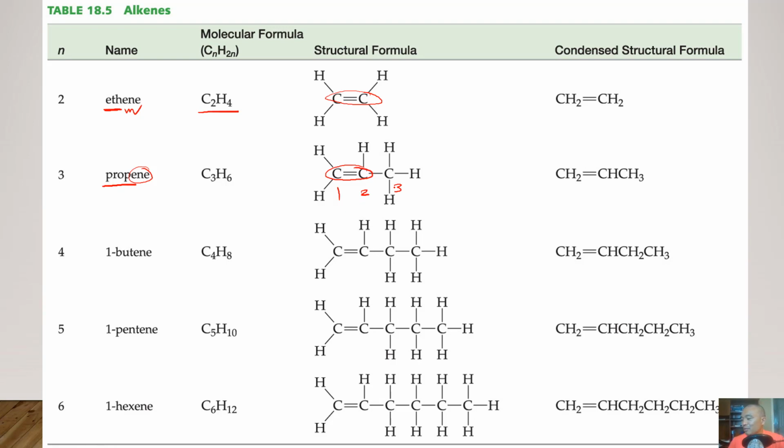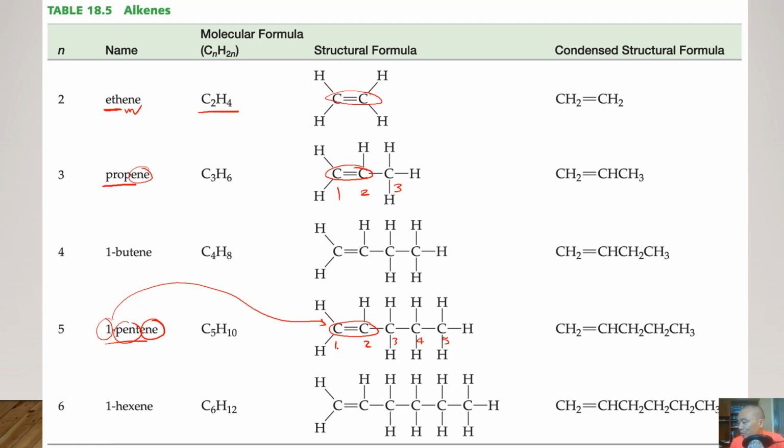What about 1-pentene? Pent means it's 5 carbons. 1, 2, 3, 4, 5. 5 carbons. And ene means you have a CC double bond. So what is this 1? This 1 means that's where the ene is, where the double bond is.